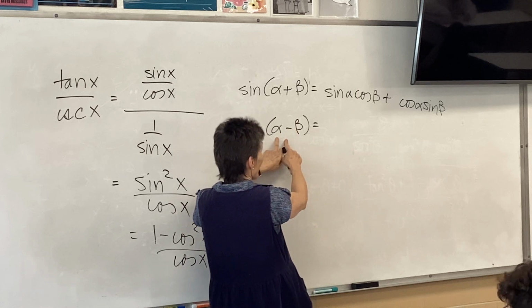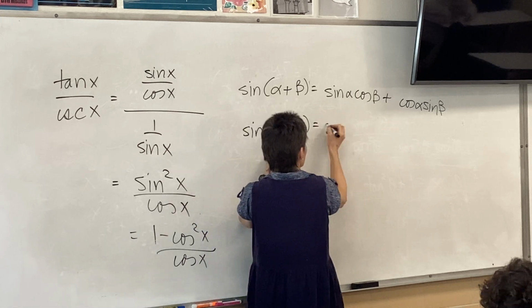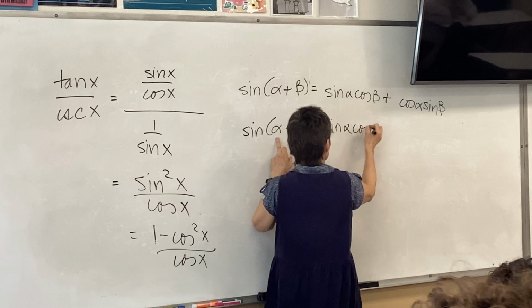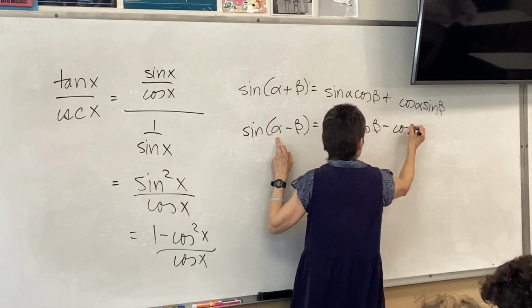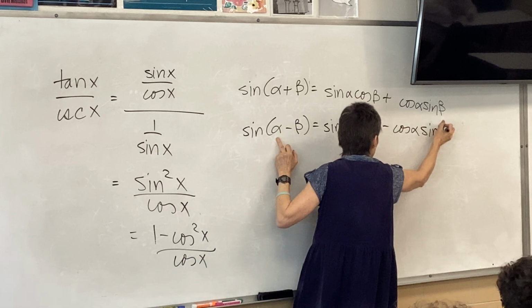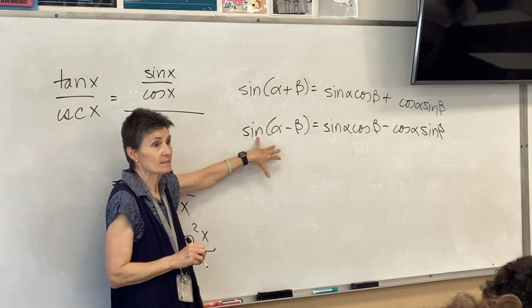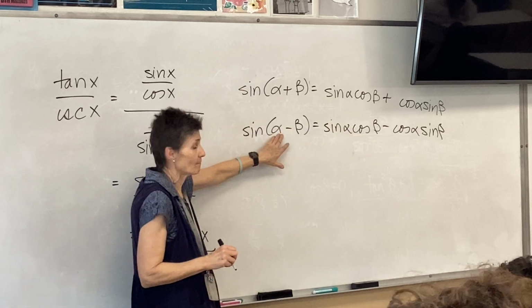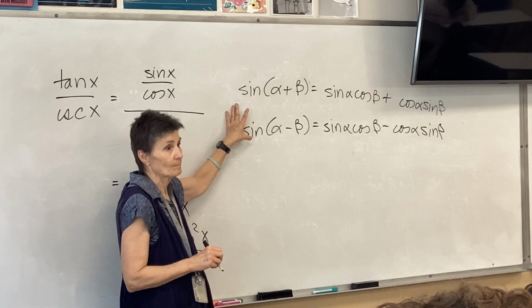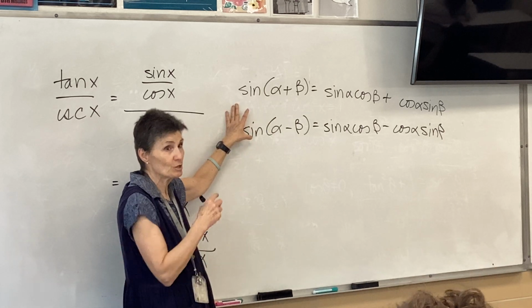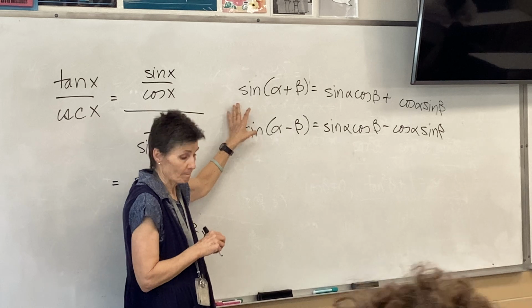If it's a subtraction, the formula is exactly the same, but it's a subtraction. So these are your sum and difference identities for the sine. We're going to use this in a minute.